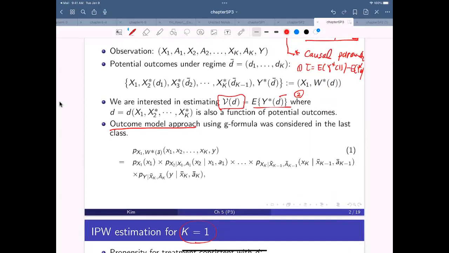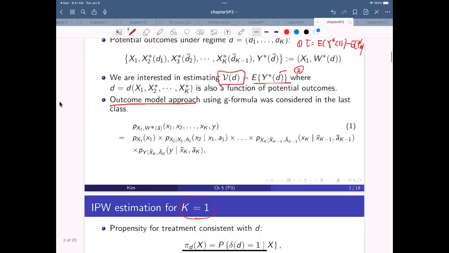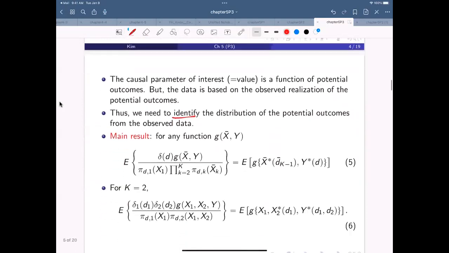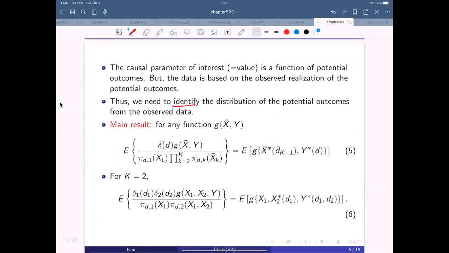It's a given. Here we treat Y as a random variable, and this is the identification formula for the outcome model approach. But now we are talking about the propensity score model approach, so we are using a model for A to identify.